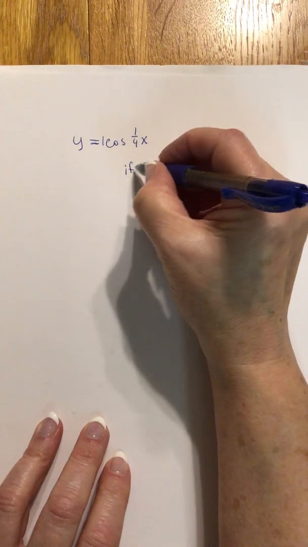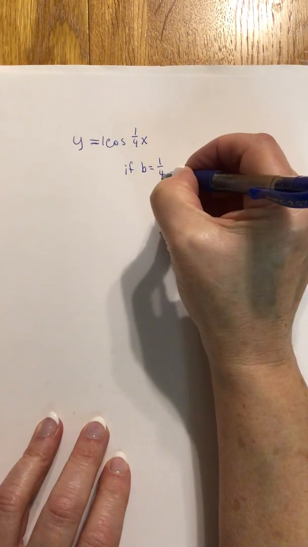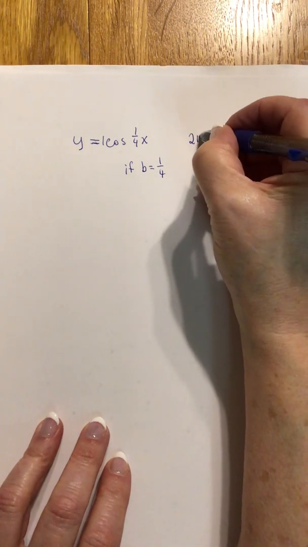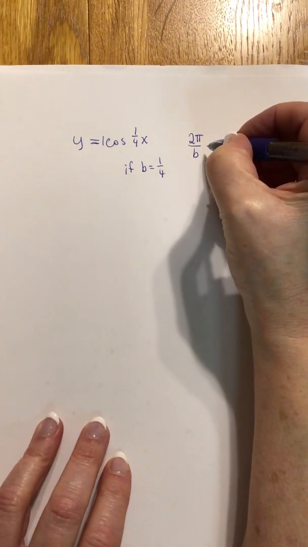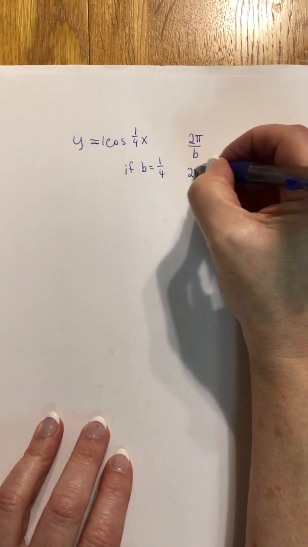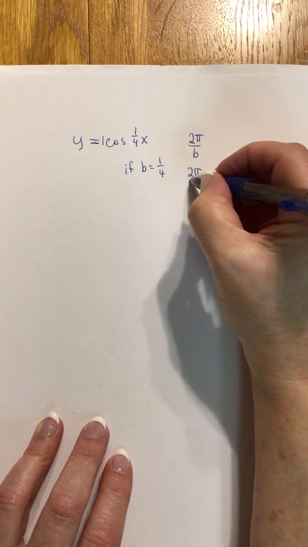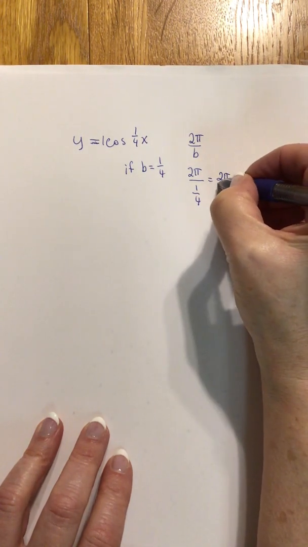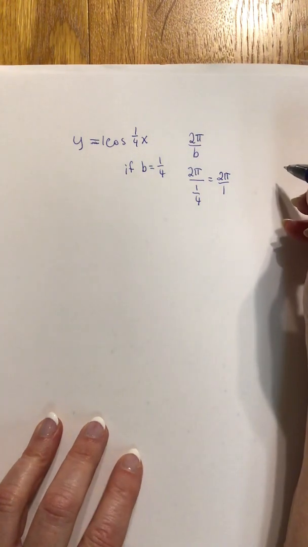So if b equals 1/4, then we said before that the period was going to be 2 pi divided by b for sine and cosine. So 2 pi divided by b. To divide by a fraction is the same thing as multiplying by its reciprocal.